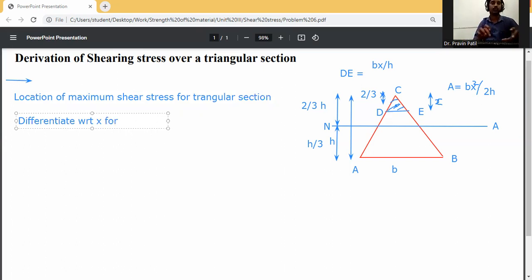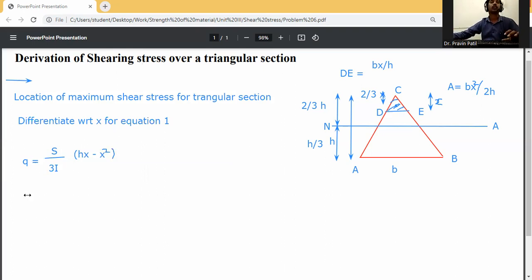We know that for equation 1, q is equal to S by 3I, in brackets, h x minus x square. This one is equation 1.